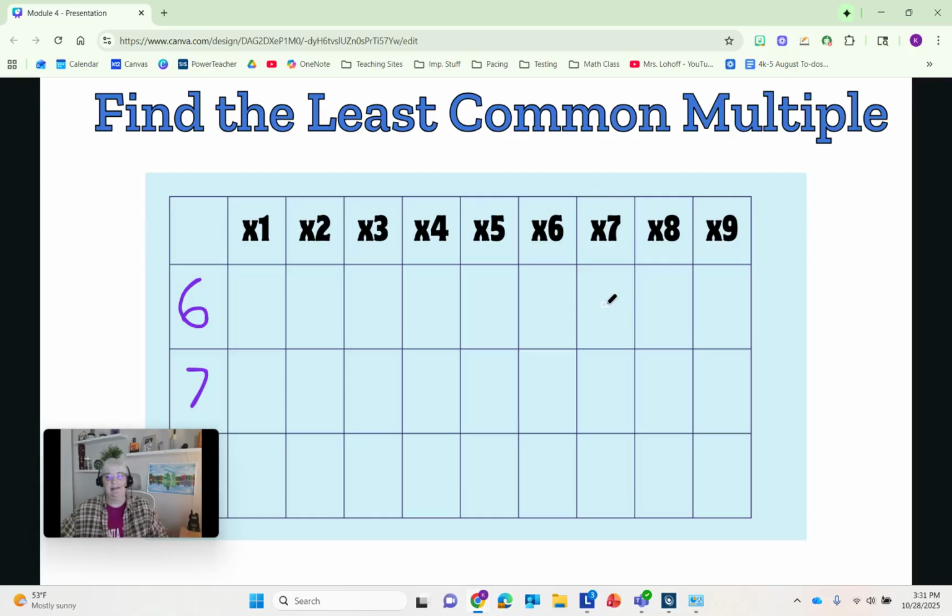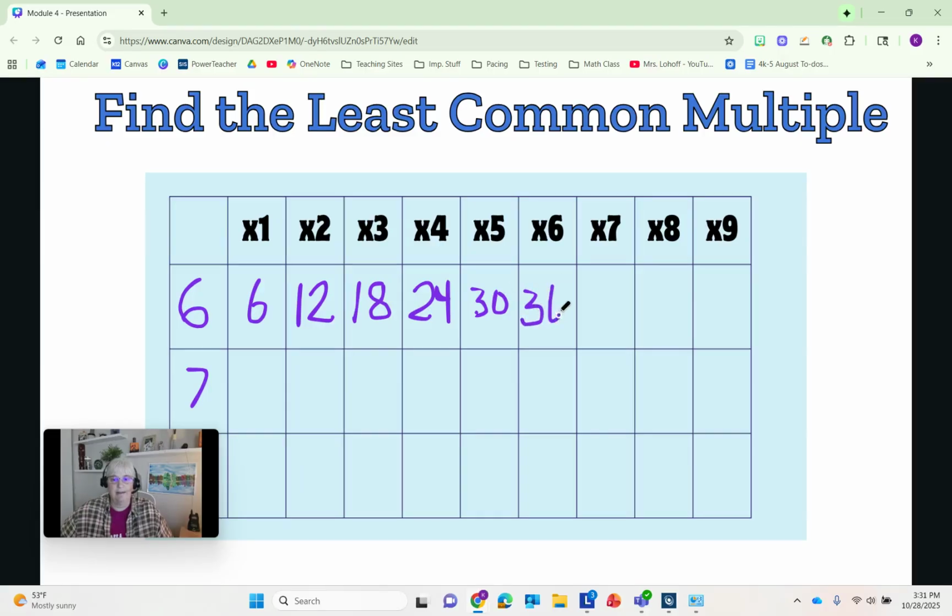I'm going to take all of the multiplication facts for 6. 6 times 1 is 6. 6 times 2, 12. 6 times 3, 18. 6 times 4, 24. 6 times 5, 30. 6 times 6, 36. And 6 times 7, 42.